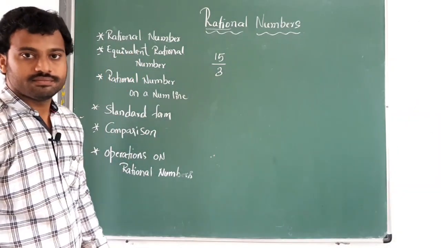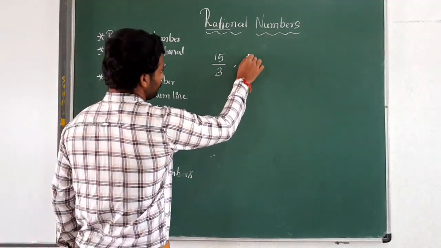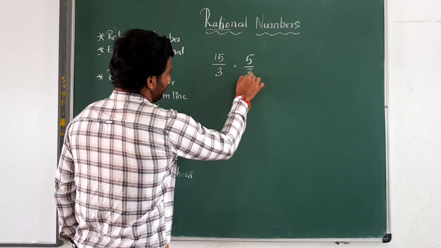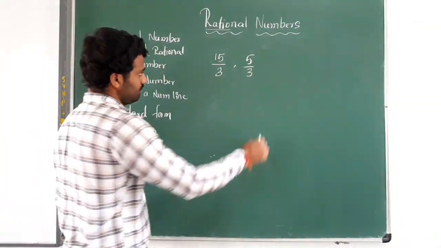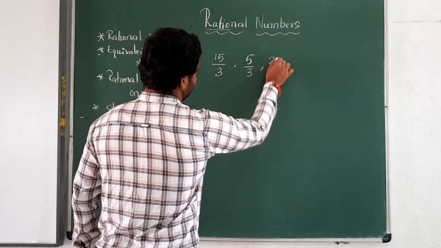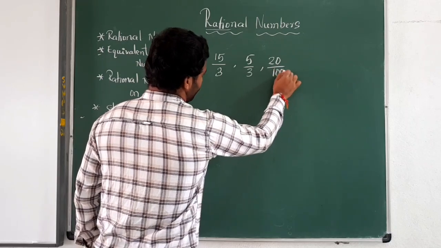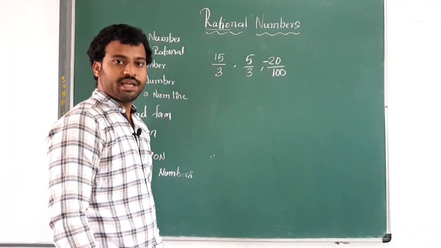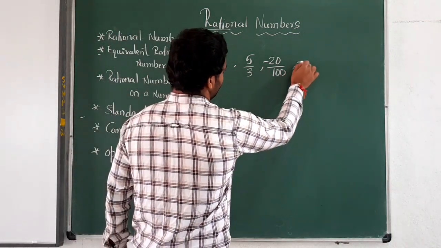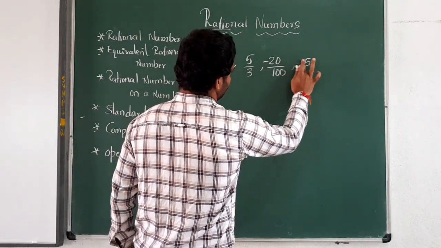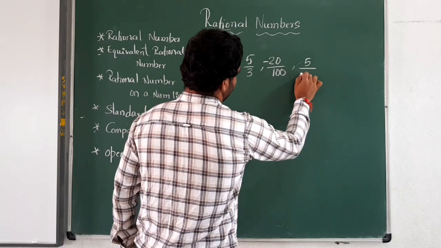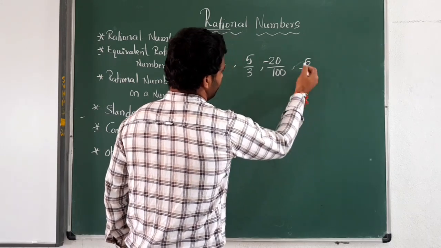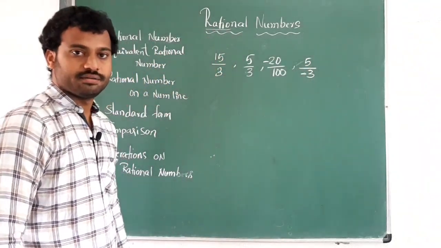15 by 3, 5 by 3, 20 by 100, minus 20 by 100, 5 by minus 3.